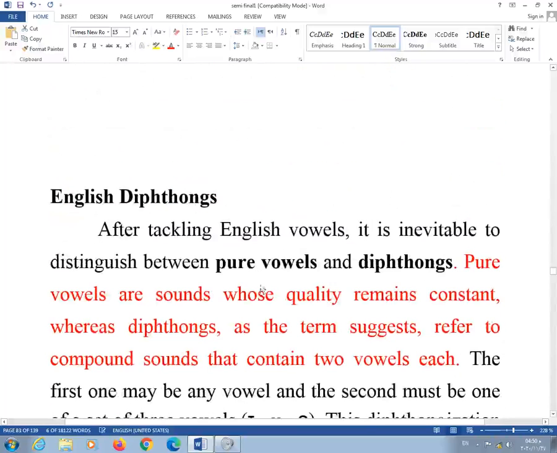First of all, we have to differentiate between two important terms, pure vowels and diphthongs. Okay. And this is the definition. Pure vowels are sounds whose quality remains constant, whereas diphthongs, as the term suggests, refer to compound sounds that contain two vowels each.